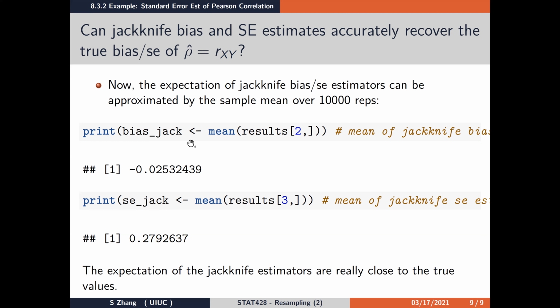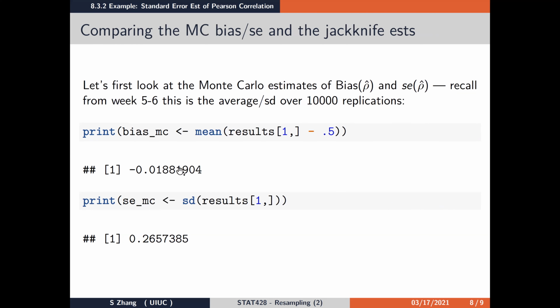The bias will be given by the sample mean of the jackknife bias estimates across the 10,000 replications, which is the second row of the results matrix. And that gives us something around negative 0.025, which is quite close to the Monte Carlo estimate of negative 0.018.